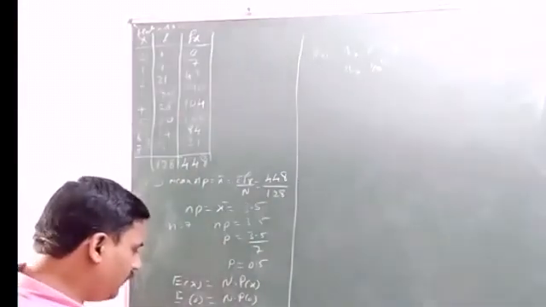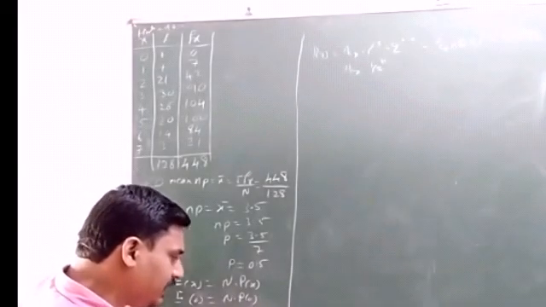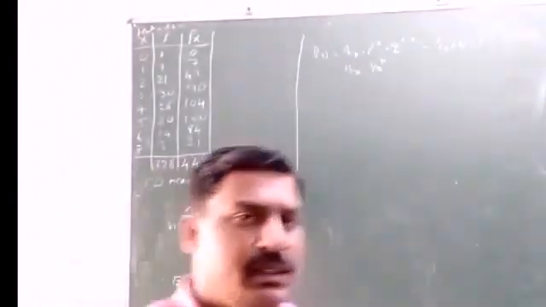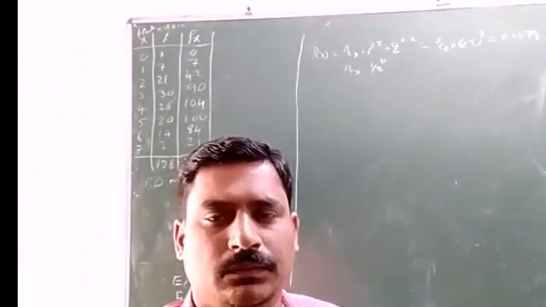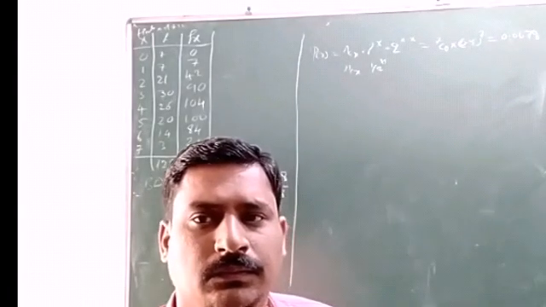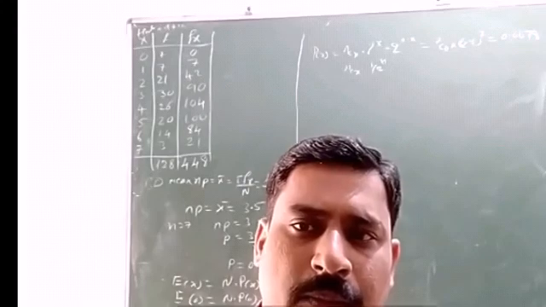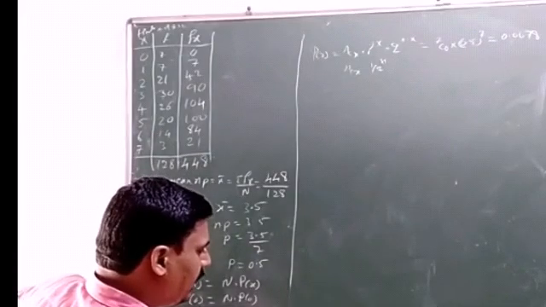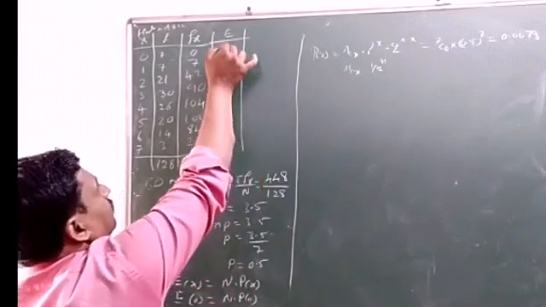Now the first frequency is n into P of 0. So E of 0 is equal to 128 into 0.0078. How much do we get here? 0.9984. So here approximately I write 1 as the rounded value.